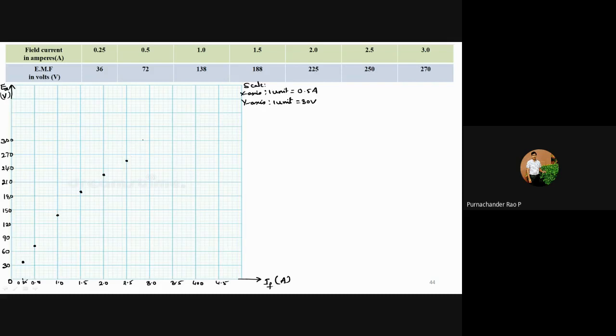That's it. So this is not the point; 246 plus 4 across, this is the point. And next, at 3, it is 270. Exactly, this is 270. So these are the points.